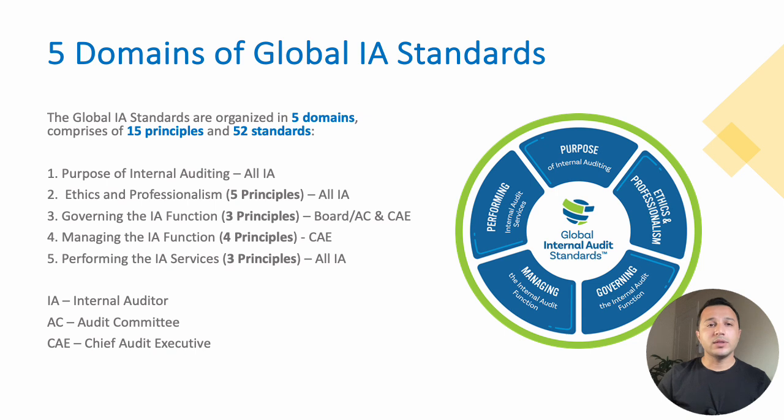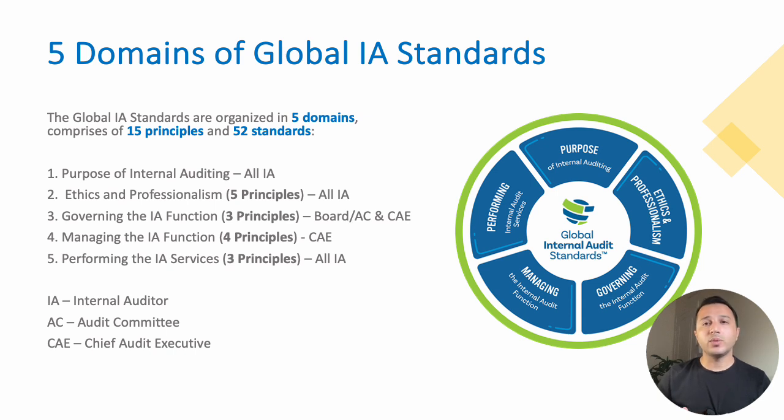If you look into it, from the 1st till 5th, at the end of each point, I've mentioned certain abbreviations. So the first one, purpose of internal audit, all the standards are applicable to all internal auditors.